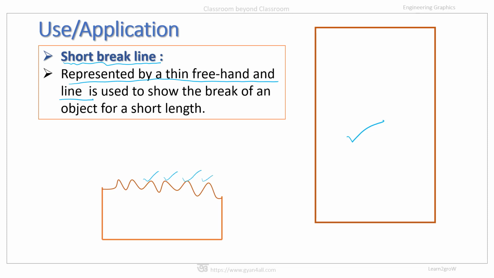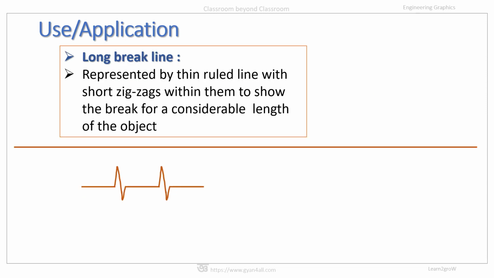This represents that this body extends some distance from this line also, and therefore the whole drawing will take less space. This way we can represent a big sheet by using a small space, and for that the line used is wavy line.